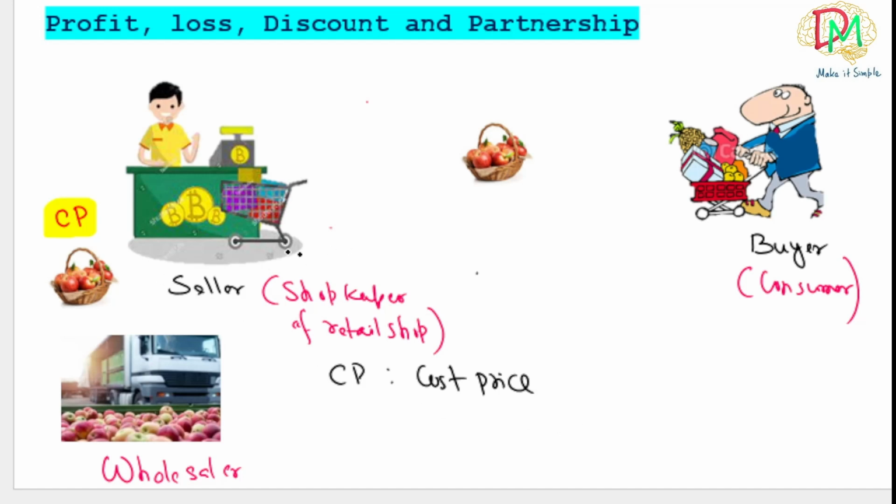And the seller sells the product to the buyer, or the buyer buys the product from the seller, at the sale price. So this is the sale price. SP means sale price.